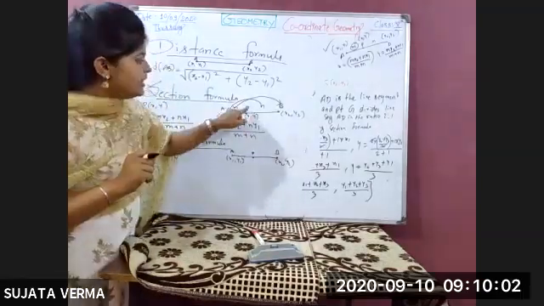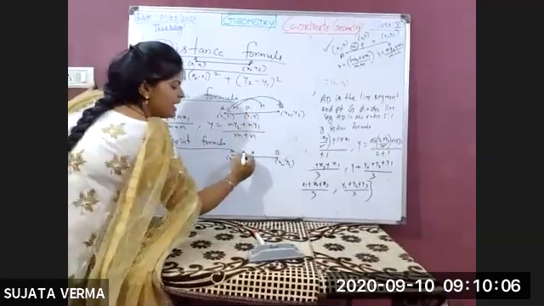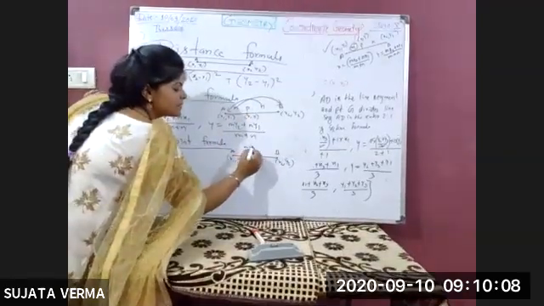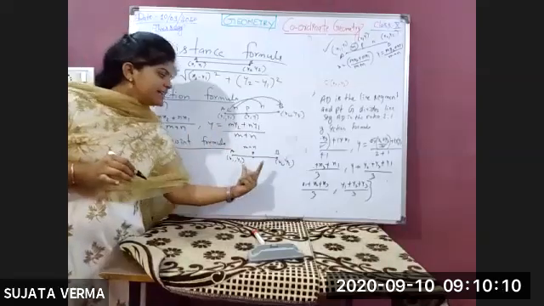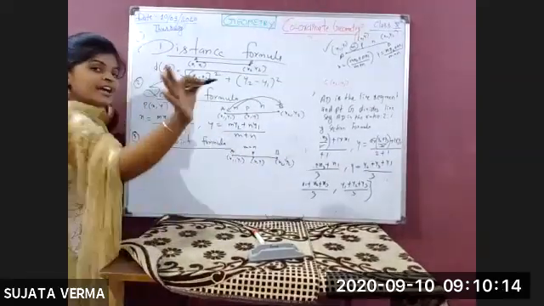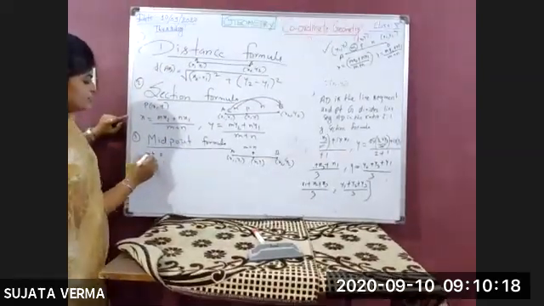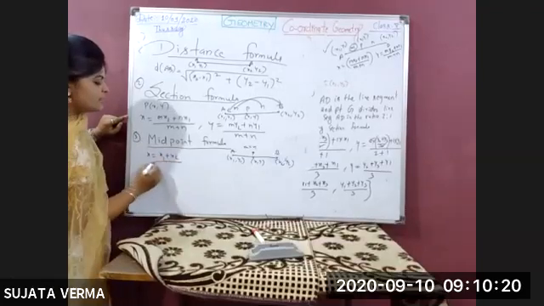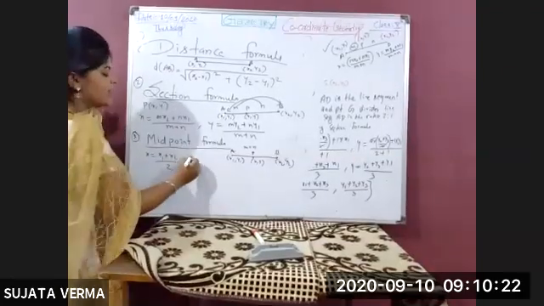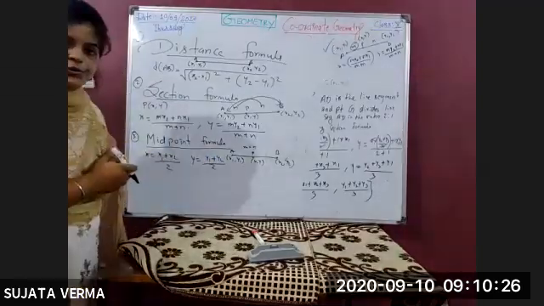That means m and n are equal. In that case, we write the coordinates of P: x is equal to x1 plus x2 divided by 2 and y is equal to y1 plus y2 divided by 2.